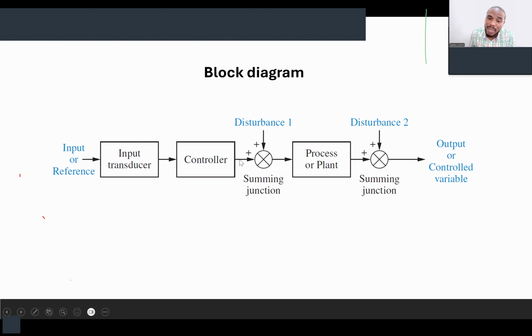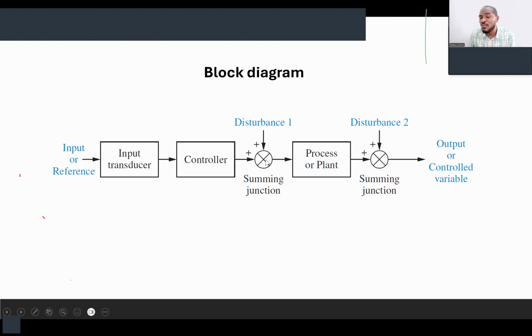For example, if we say send 5 volts to this, and there are 2 volts coming from somewhere else, and the plant is actually now receiving 7 volts, it will behave abnormally. It will not behave the way we want it to, because we wanted to send only what? 5 volts. Or if you are applying a force on a given object and you want that object to move a certain distance, and you figured out that the force you need is 0.5 newtons, and so your controller is sending that signal.